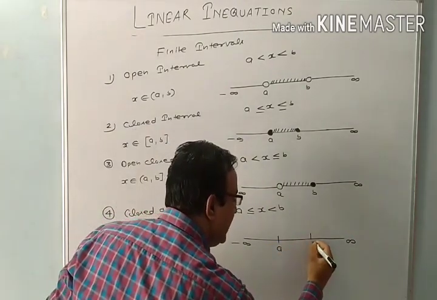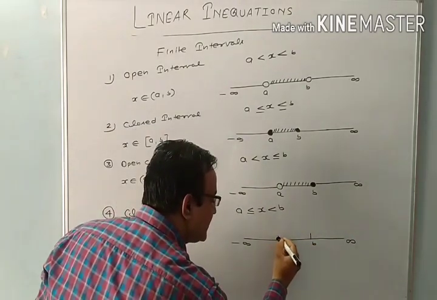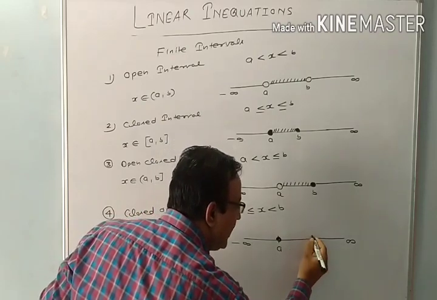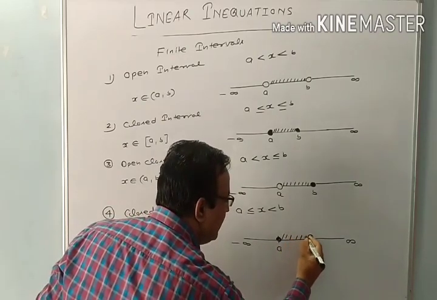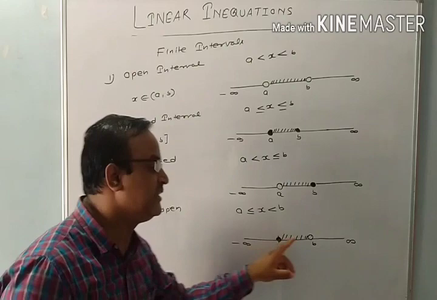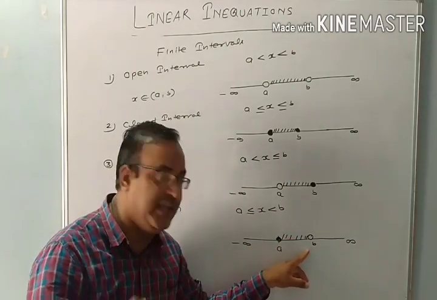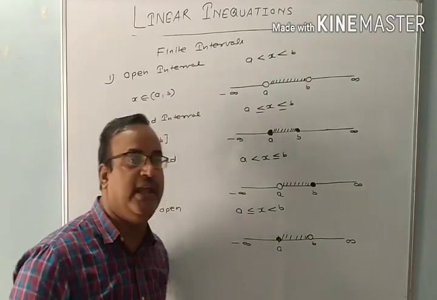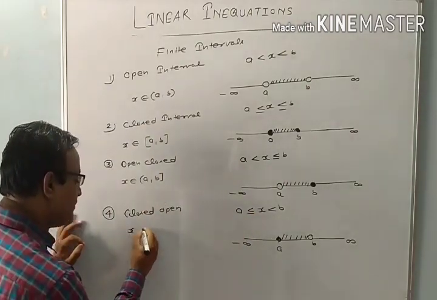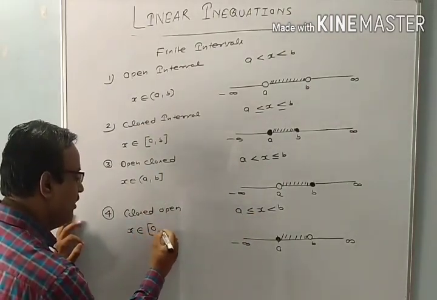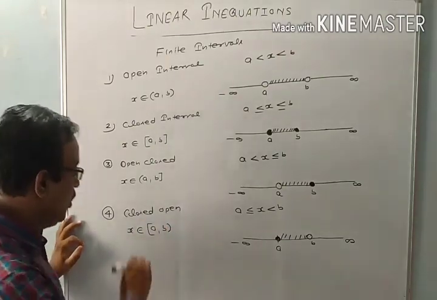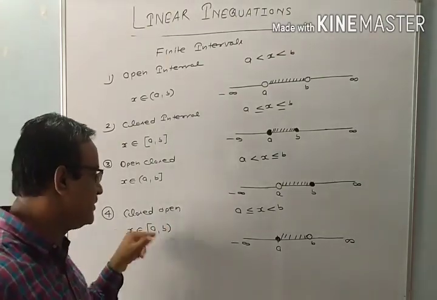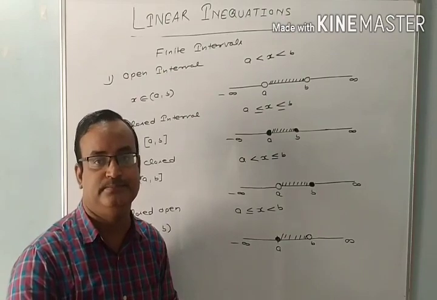This is a and b. So now the value of x is equal to a but not equal to b, and lies between a and b also. This light circle means now we are not including b, and this dark circle represents that now we are including a. So we represent it, x belongs to big bracket a comma b small bracket. This is the symbol of closed open interval.